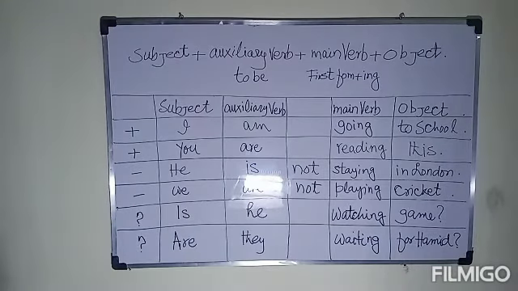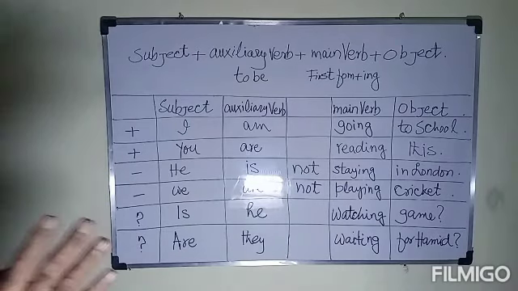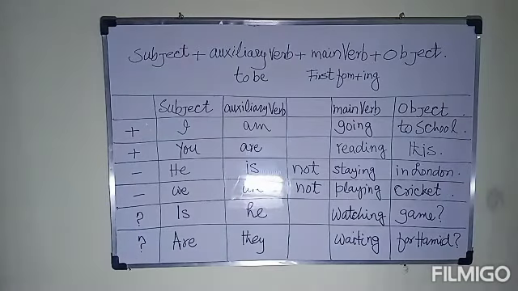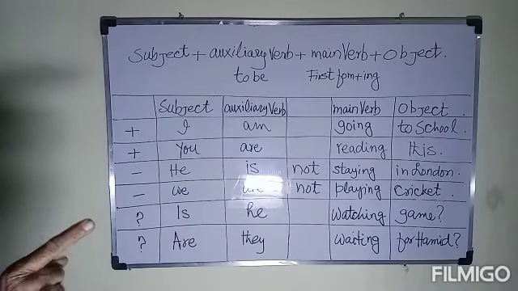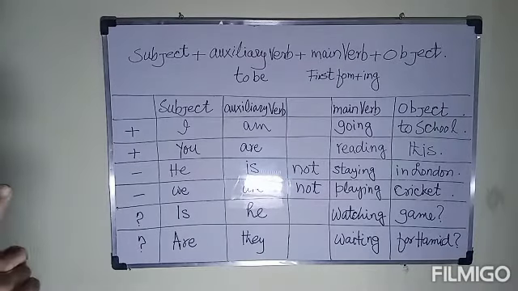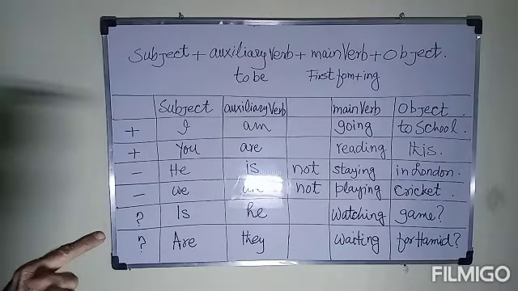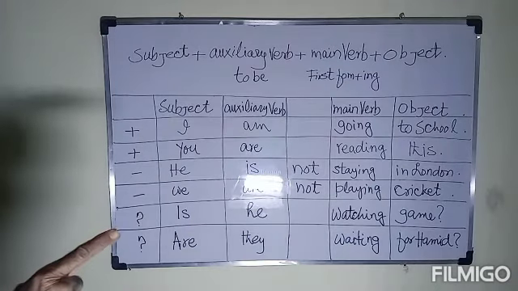In the negative sentence, as I told you before, after the first auxiliary you put not in your sentence and your sentence will turn negative. So here, he is not staying in London. The auxiliary verb is is, and the main verb is staying, stay, first form of the verb plus ing.